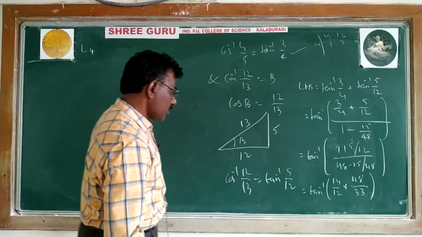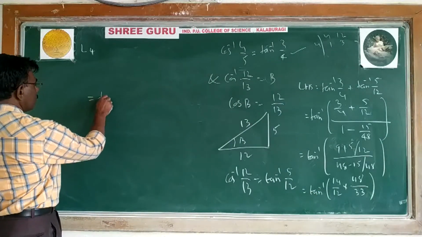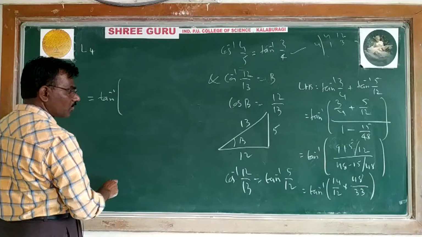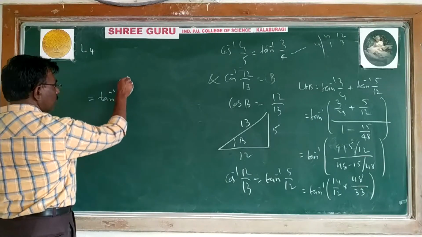By 12, 12 1 is equal to tan inverse of 4, 12 1 12, 4.